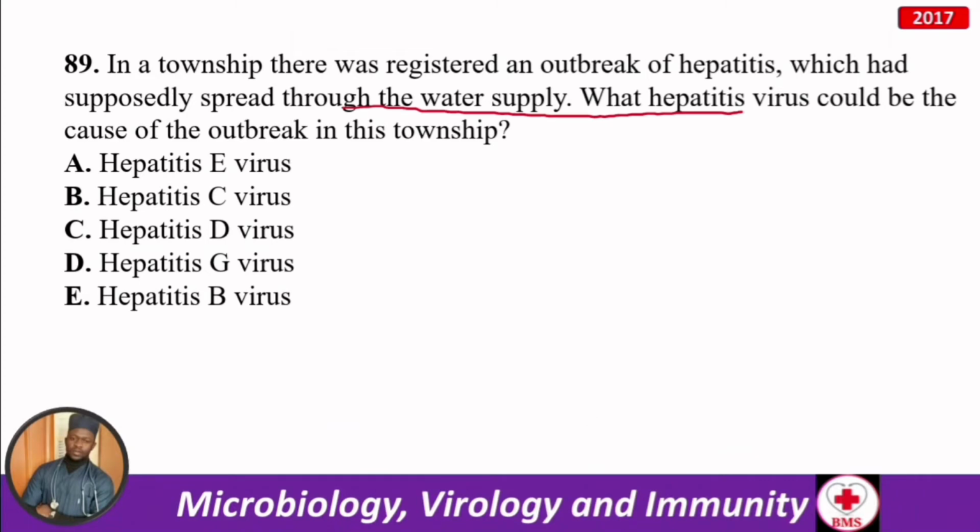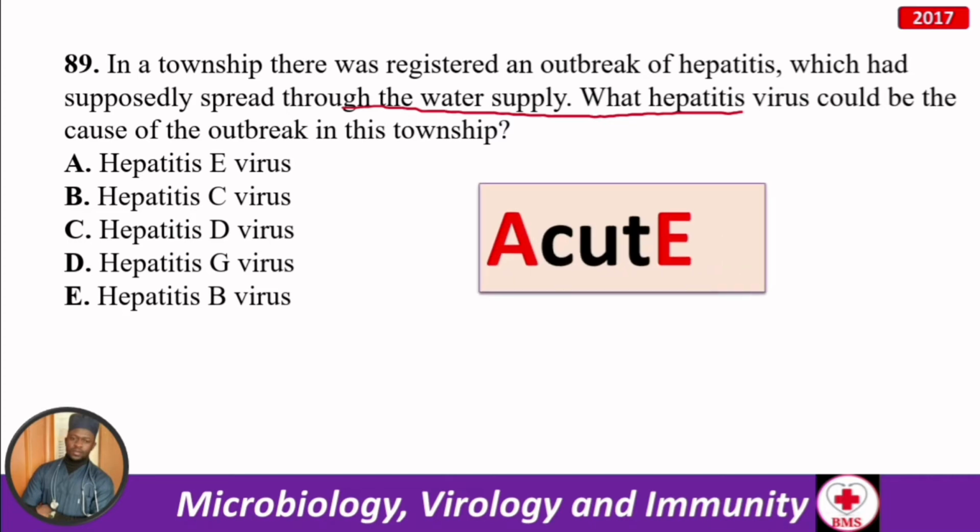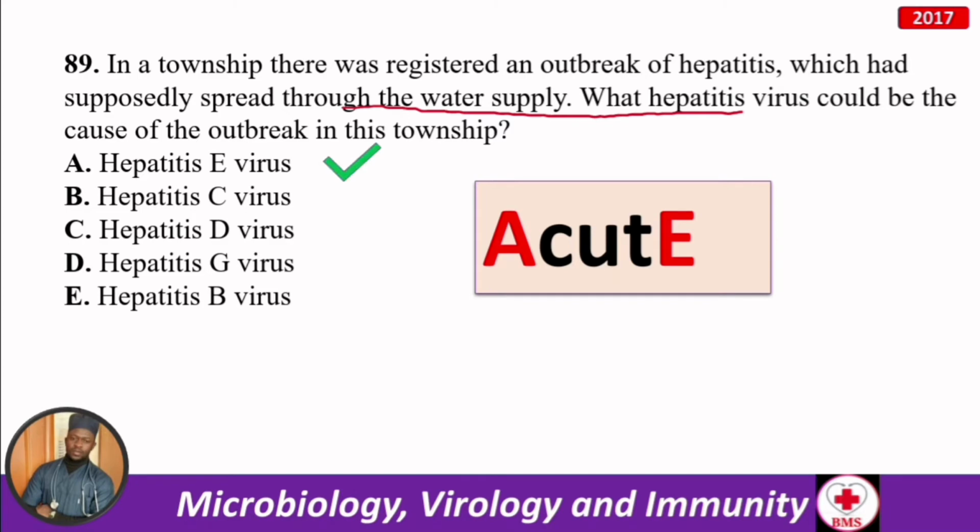That's fecal oral route. So, do you remember acute A and E? The hepatitis viruses transmitted by fecal oral route, and also they cause acute infections, right? So, here you have it, A and E, acute infections. Vowels are bowels. Okay.